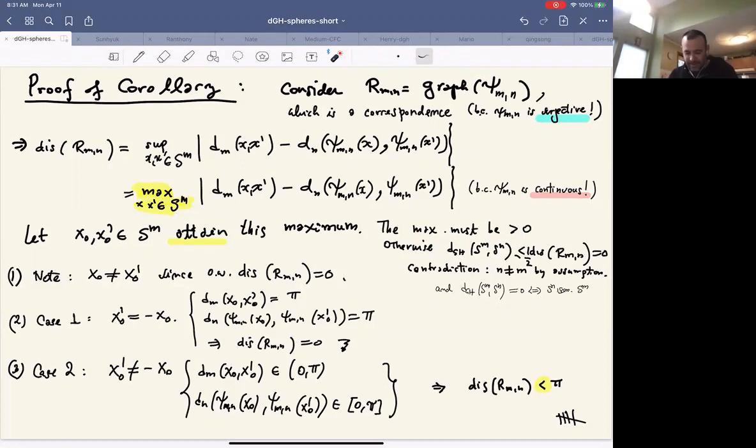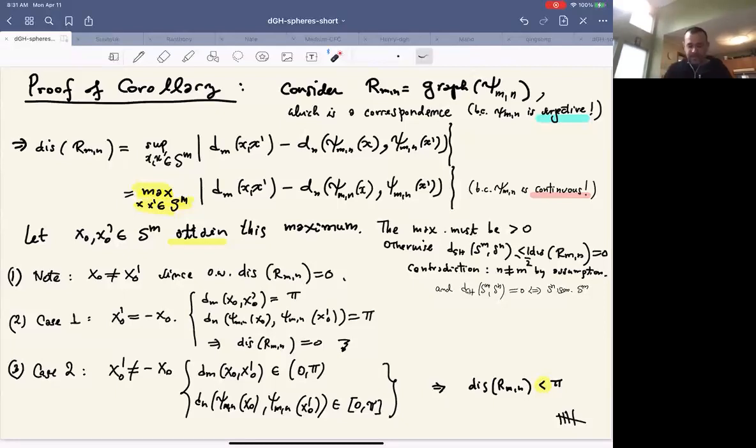Now, there are 3 possibilities that we need to look at. Case 1 is whether x0 could be equal to x0 prime. That cannot be the case, because if x0 was equal to x0 prime, we would obtain that certainly the maximum is 0. And as I mentioned, that cannot be the case. The other case is that the 2 points are antipodal.